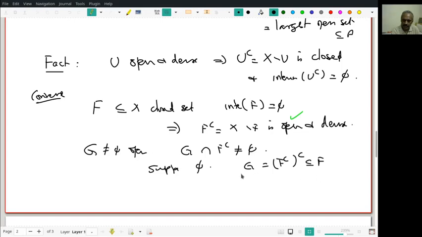But G is a non-empty open set contained in F. That means the interior of F is not empty, because the interior of F is the largest open set contained in F, but G is already a non-empty open set which is contained in F. Therefore, the interior cannot be empty. But that's a contradiction, because by hypothesis, the interior of F is empty. Therefore, what I have shown is that U, a subset of X, is open dense if and only if its complement is a closed set with empty interior.